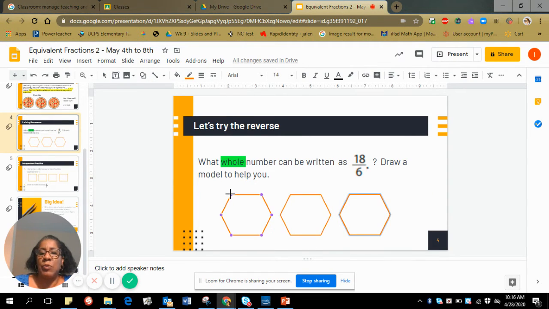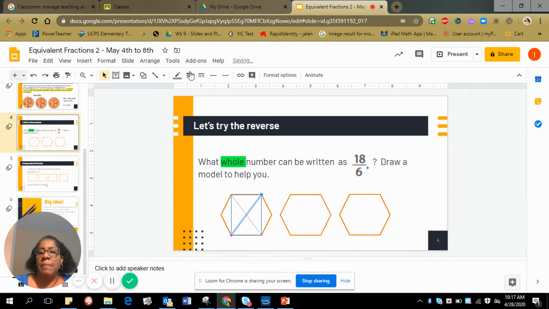Okay, and I'm going to decompose it or divide it into my 6 equal parts. So that takes a little while with the computer. So just bear with me. 1, 2, 3, 4, 5, 6.